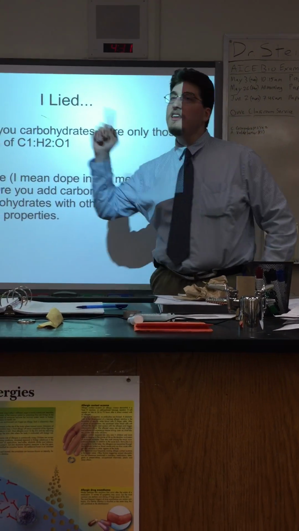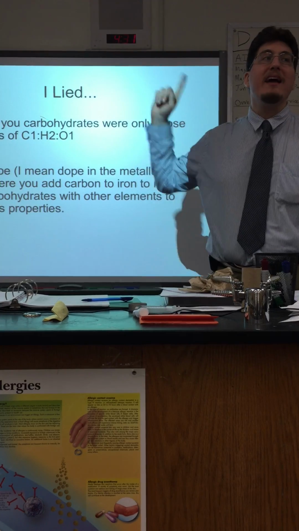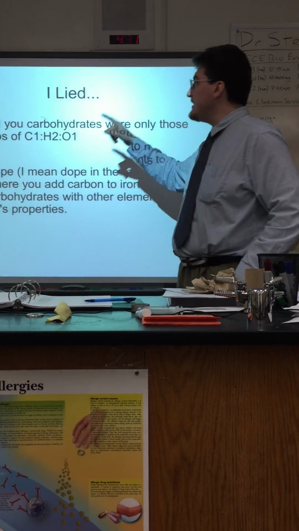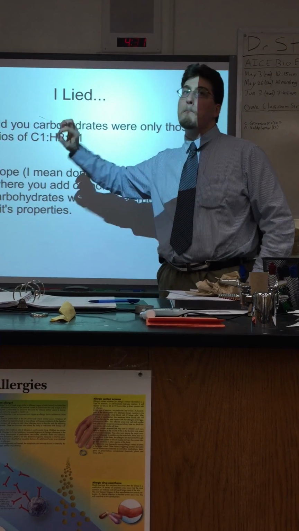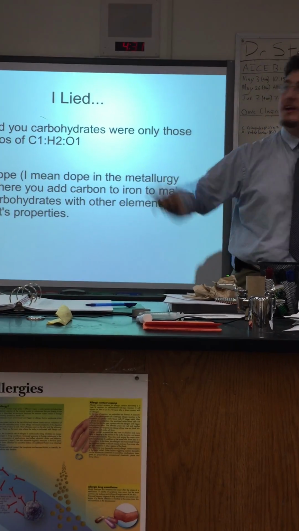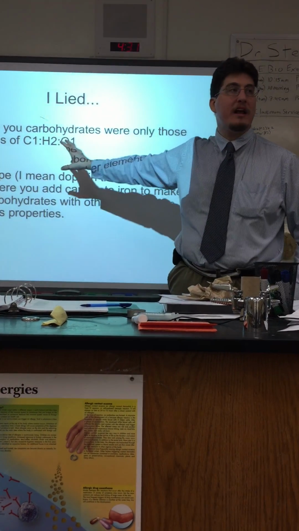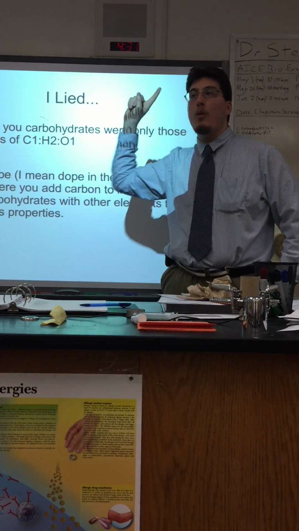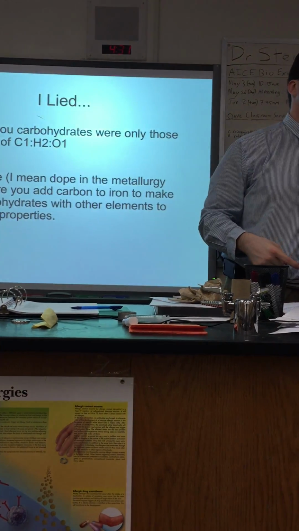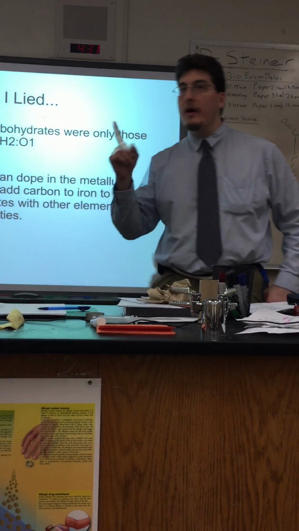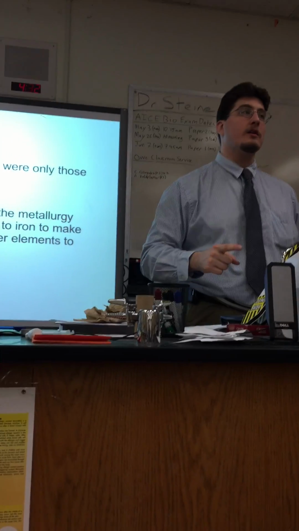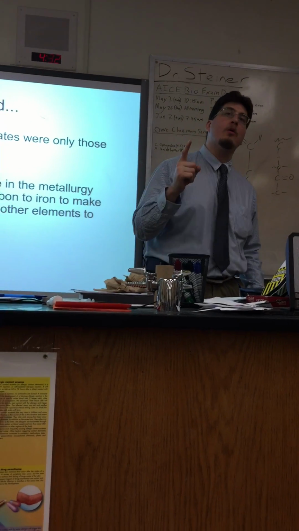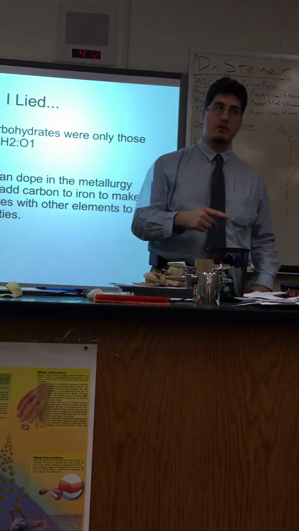So, when you have a disaccharide, the ratio is C1H2O1 minus H2O. Whatever that ratio is, times whatever number, minus 1 H2O. It always comes out to that because you took out the water. You took out 1 H2O in order to combine 2 monomers.